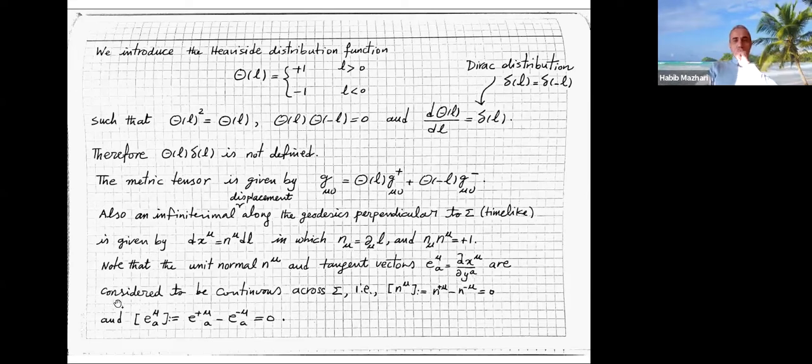Now, as I have already said in the introduction, we consider n^μ, the unit normal, to be continuous, and also the tangent vectors. These two conditions or postulates are valid as long as the thickness of the shell is small enough.